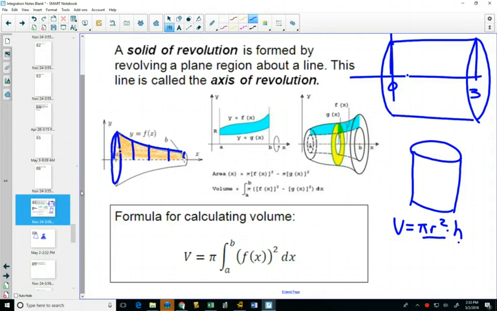The circle will be pi r squared, and the radius is whatever the y value of the function is. If we integrate that, we get that small area down to the radius, and if we add all those circles together, we get the entire volume. Which is really cool.